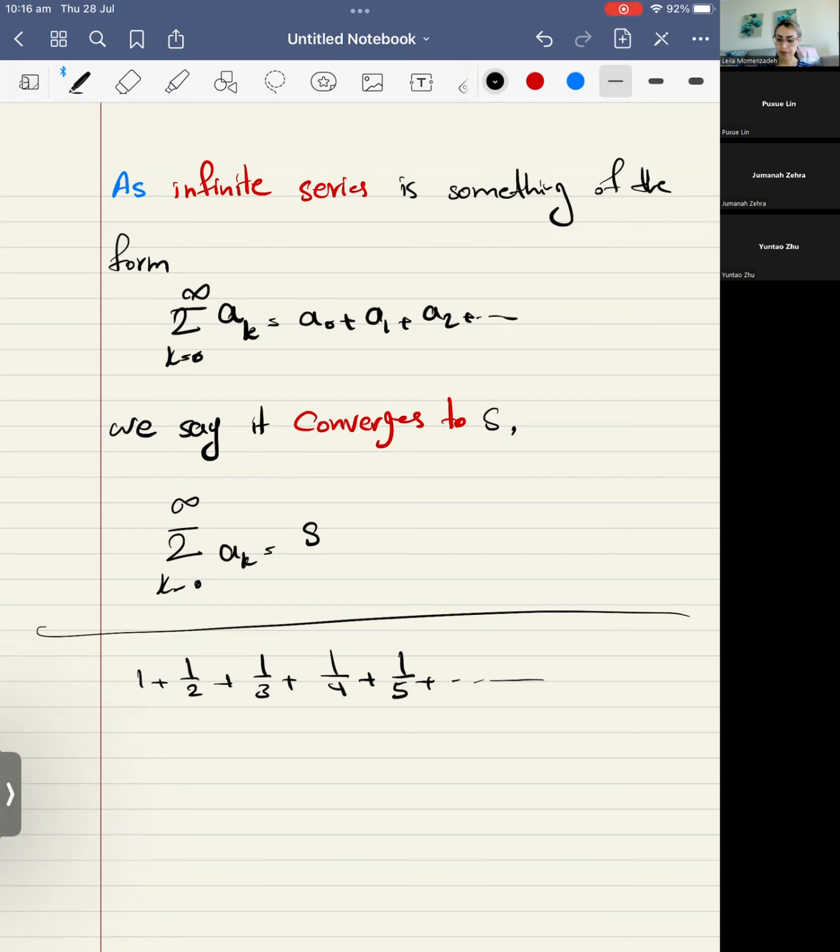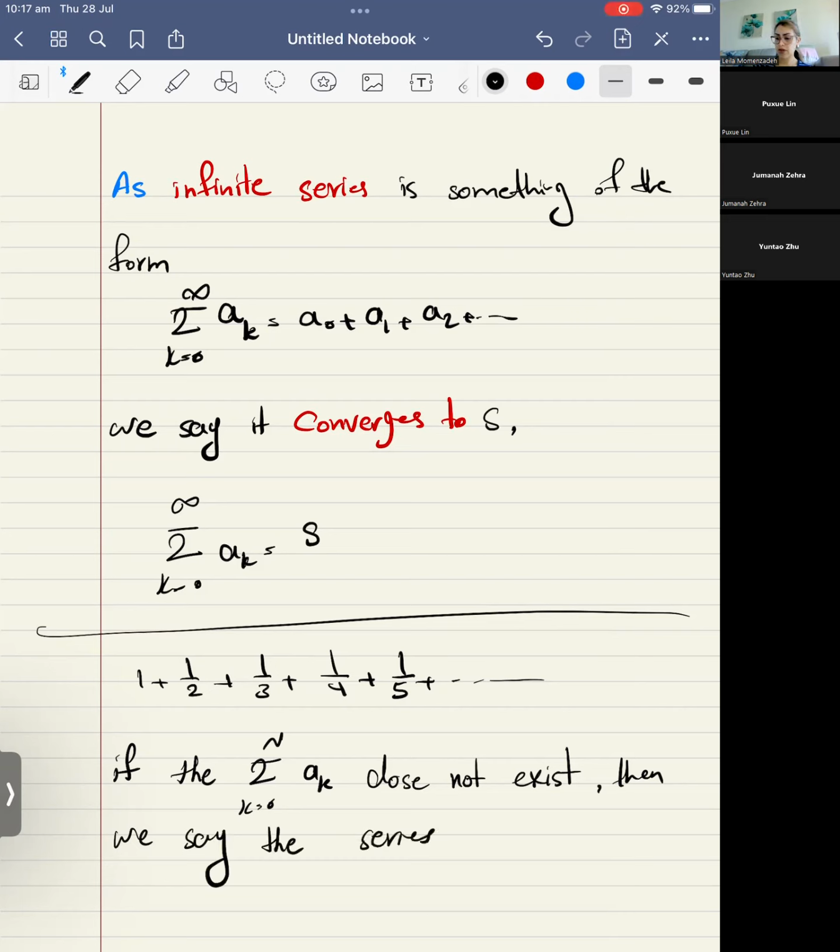We can say if the summation from k equals 0 of ak does not exist, then we say the series diverges.